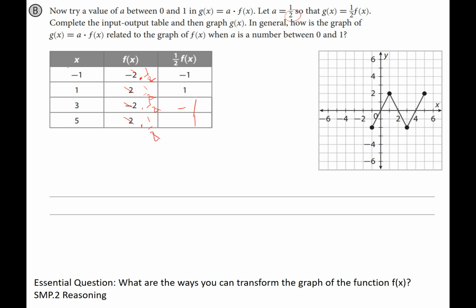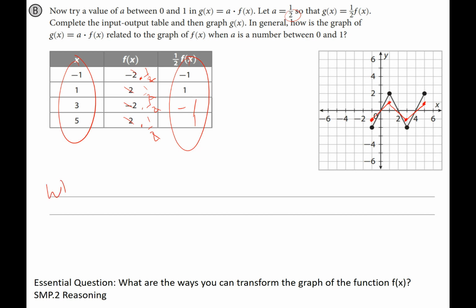All right, so we're going to plot these x's with these y's. So we have negative 1, negative 1, 1, 1, 3, negative 1, and 5, 1. Notice it looks like it got squished this time. The fancy word for squishing is that it's compressed vertically.